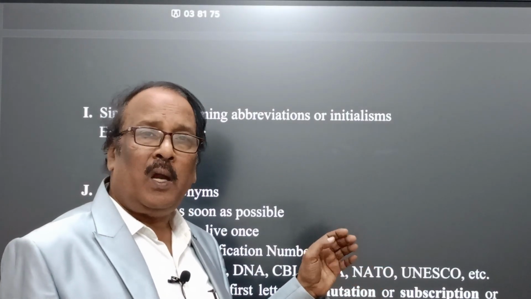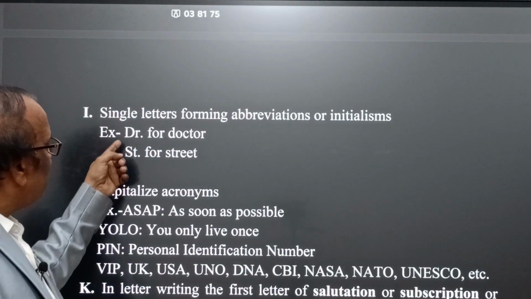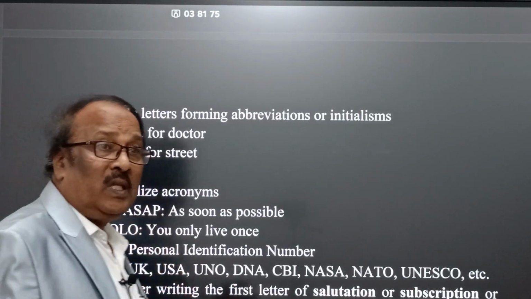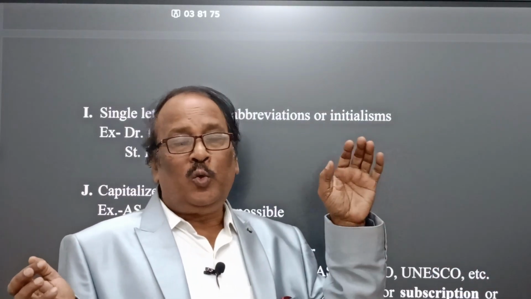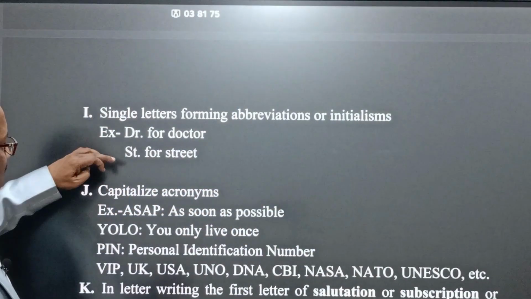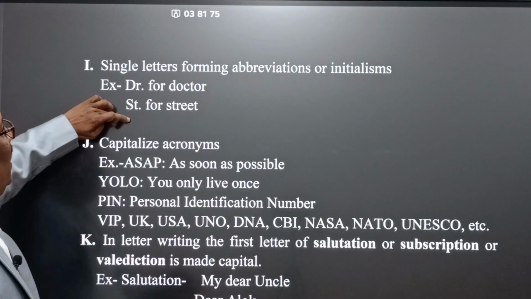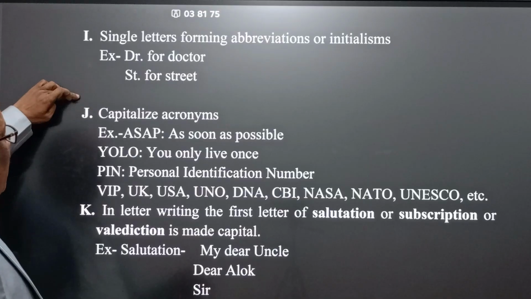So in this case, we use what we call initials. As you write PLB, P capital, so full body. So in initials, PLB. So remember that in this case, we also use capital letters. And that is single letters forming abbreviations or initials.